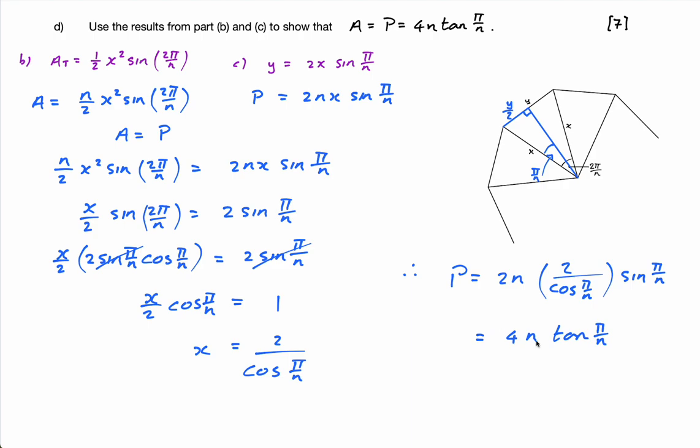Therefore, if this is P, therefore A equals P equals 4n tan pi over n. QED. I've shown what they have asked. Okay, that's part D. 7 marks. Yeah, that was tricky.